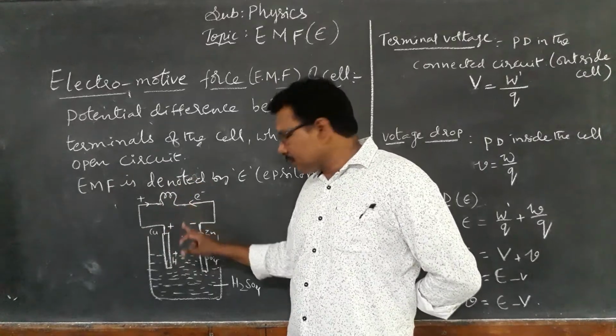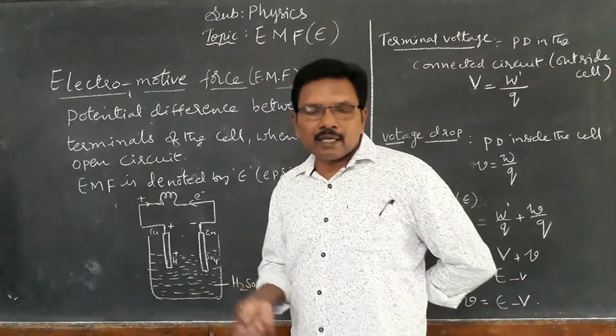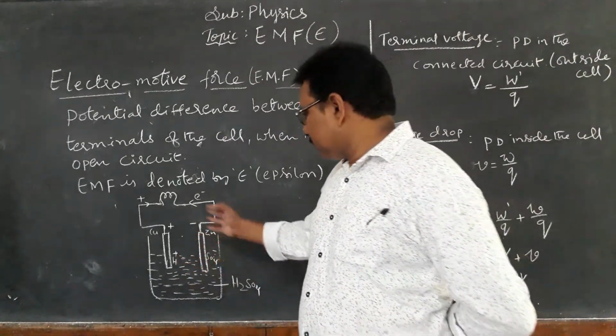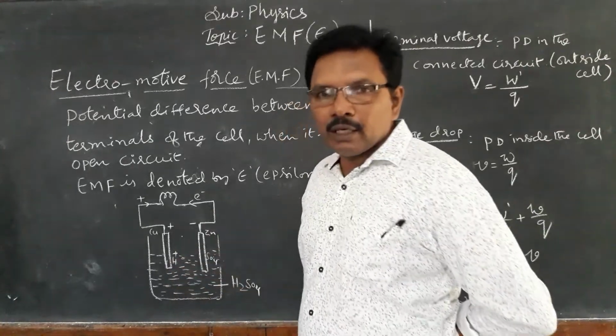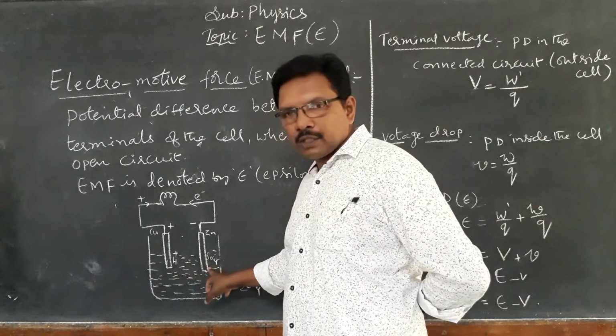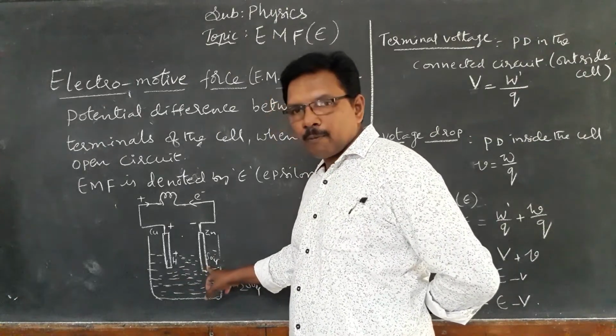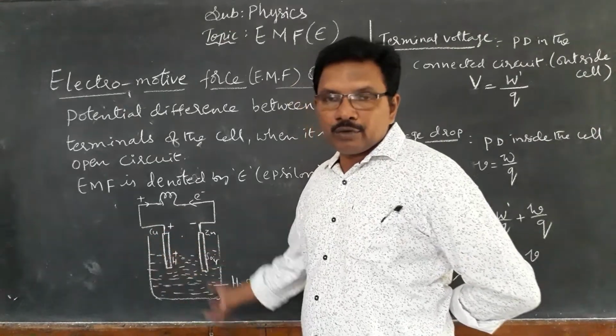The same happens in the electrolyte also, because of attractive and repulsive forces. Again electrons are received by this terminal and transferred through the circuit. This is a continuous process.